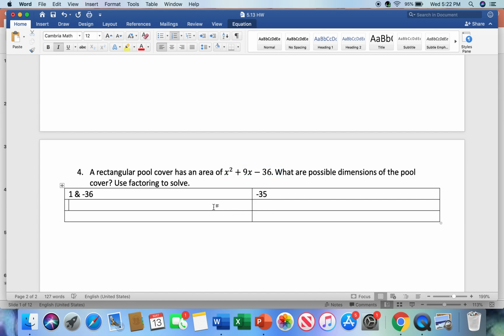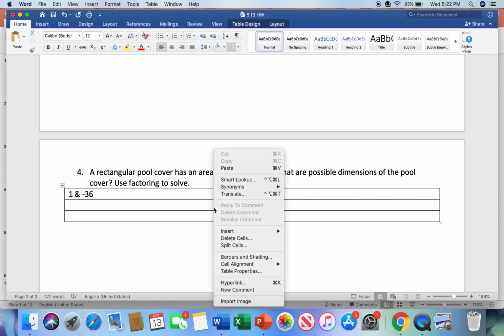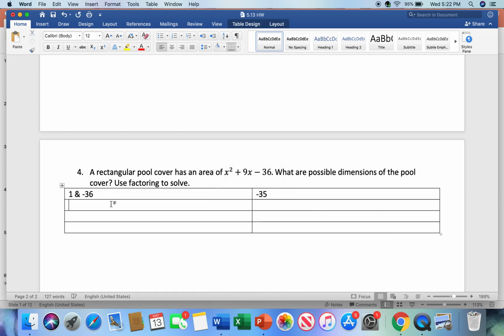So that's why I'm not going to include the negative 1 and positive 36 as a factor. Let's go ahead and see what else we can try. 2 and negative 18. So if I add 2 plus negative 18, I'm going to get negative 16.